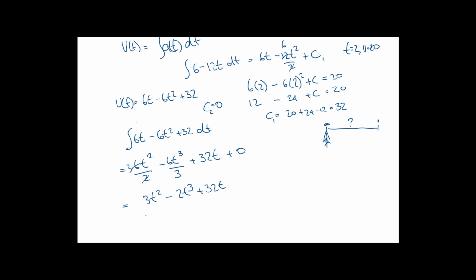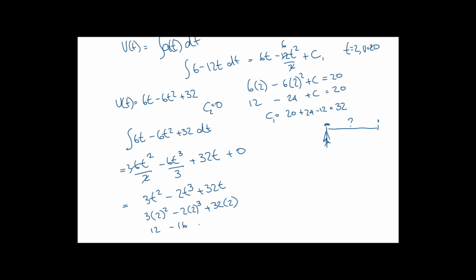And then we're going to put in 2. So 3 times 2 squared minus 2 times 2 cubed plus 32 times 2. So 2 squared is 4, 4 times 3 is 12. 2 cubed is 8, 2 times 2 times 2 is 8, times minus 2 is minus 16.